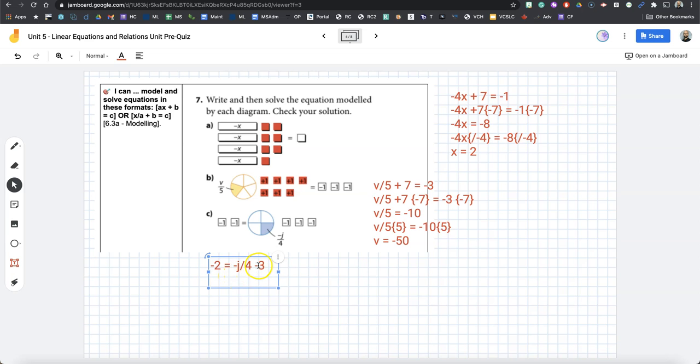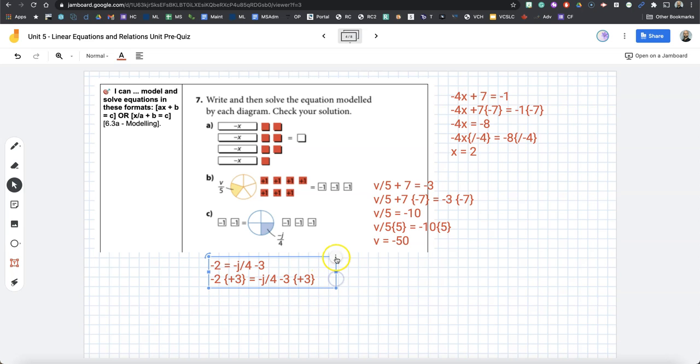So to get rid of this negative 3, I'm going to add 3. That's the opposite operation. So I've got to add 3 to both sides. So negative 2 plus 3 equals negative j over 4 minus 3, and then I add the 3. Okay, so let's take a look.